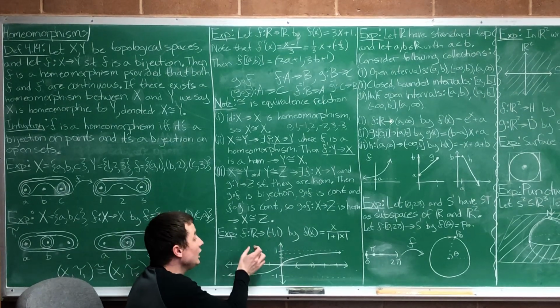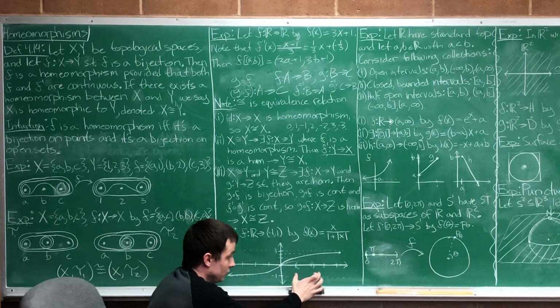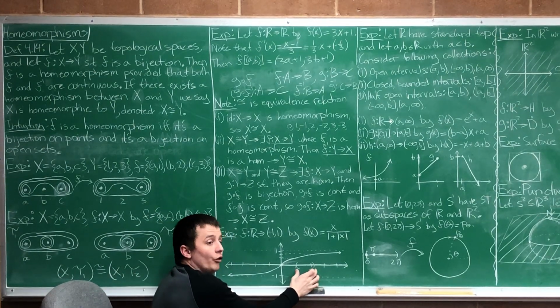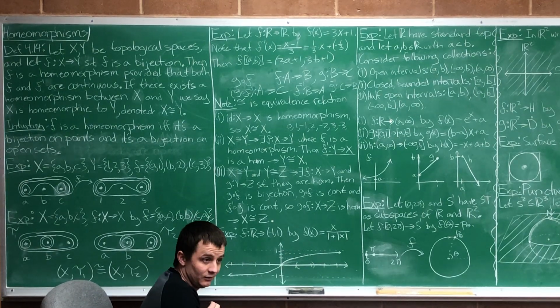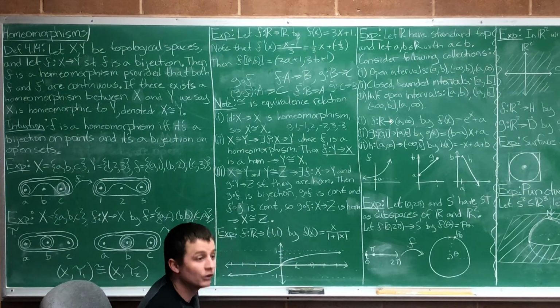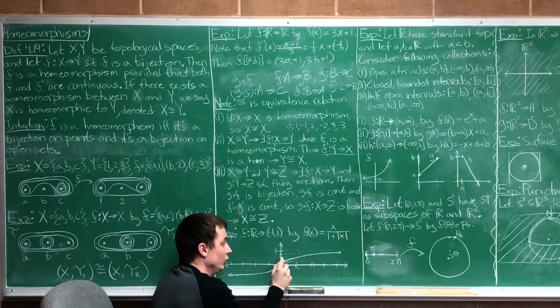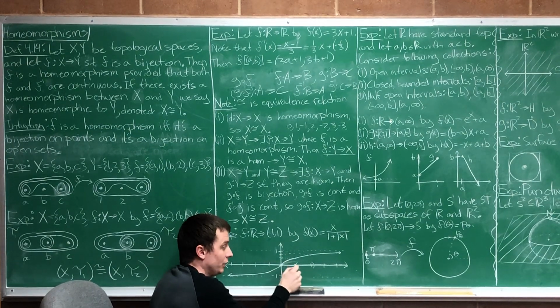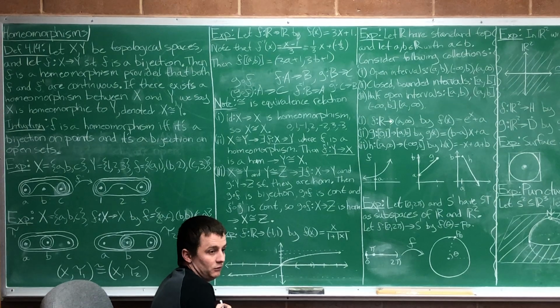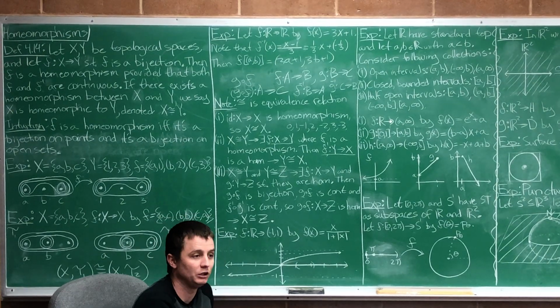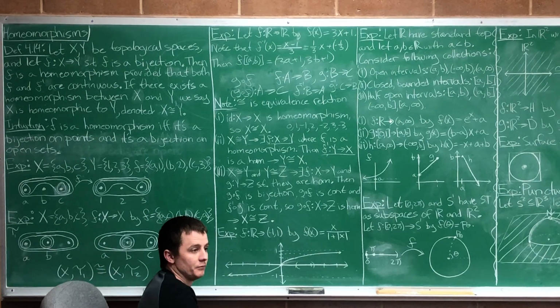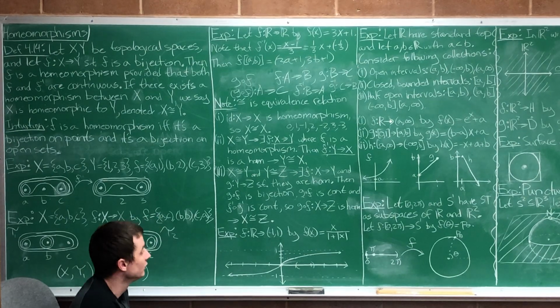Take any open set in R, here's one, this open interval, run it through the function, and what you get is still an open set. Furthermore, you get one and only one open set. This goes to one and only one interval, and the pre-image of this is one and only one interval. So you have a bijection not only between the points, but also between the open sets. Make sense? Yeah. Okay.